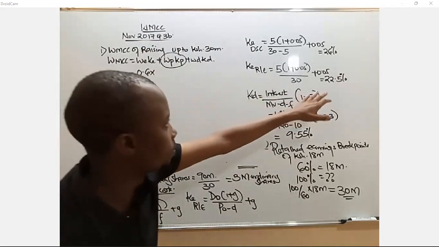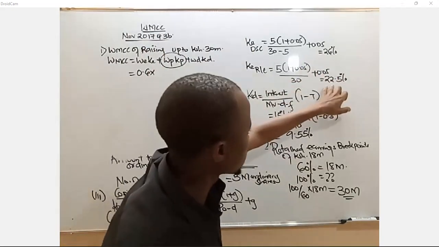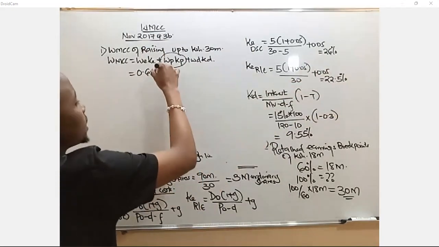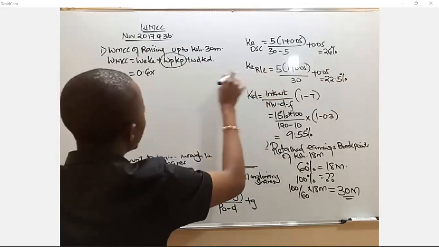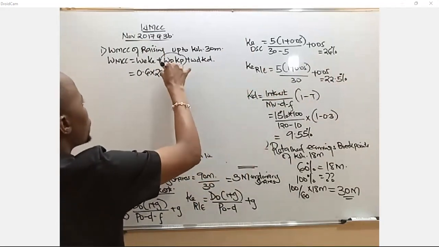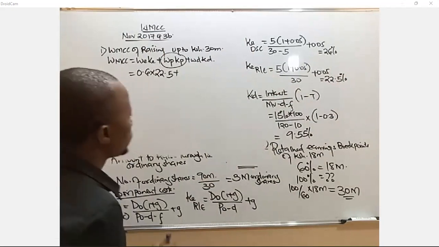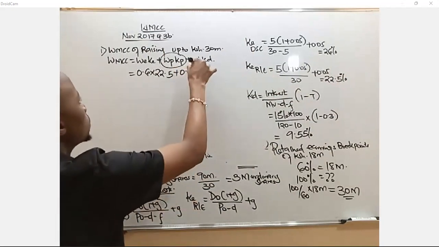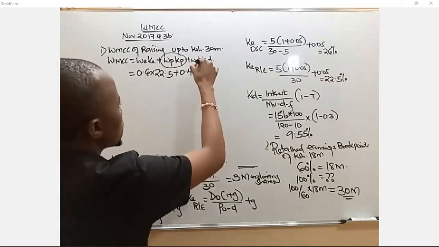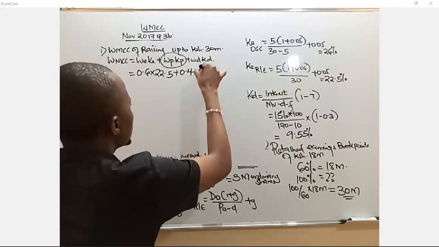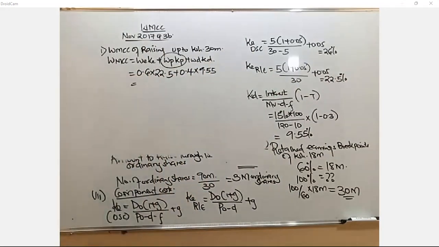We normally start with the cheaper source, which is 22.5, until we utilize it fully. So we use 22.5 plus the weight of debt, which is 0.4, times the cost of debt, which is 9.55. How much will our weighted marginal cost of capital be?